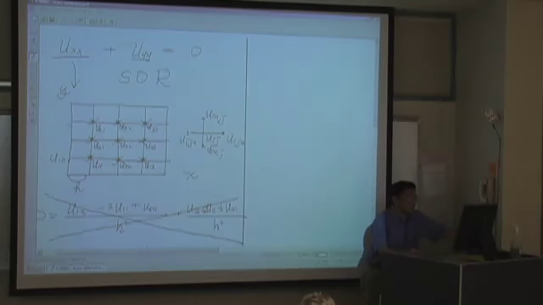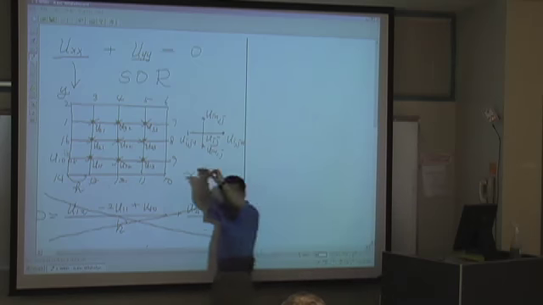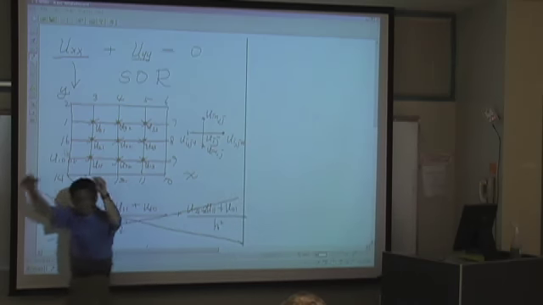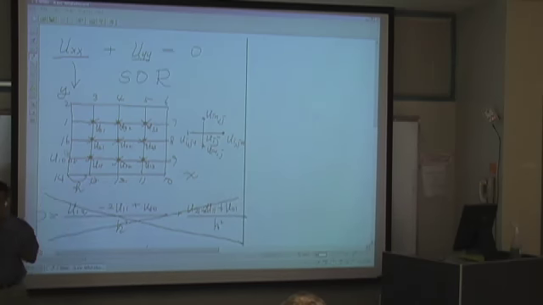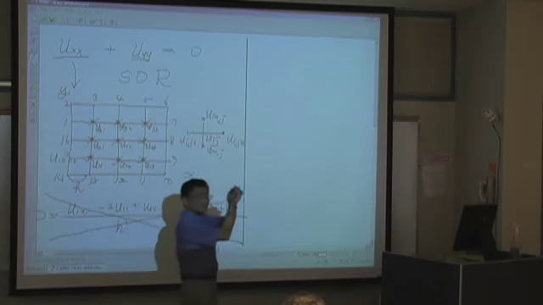So assume that this height is known. 1, 2, 3, 4, 5, 6, 7, 8, 9, 10, 11, 12, 13, 14. This height is 15 and this height is 16. Assume the heights are somehow known at the boundary. You follow me? At the boundaries, heights are known. So any boundary point is given, then height is known.